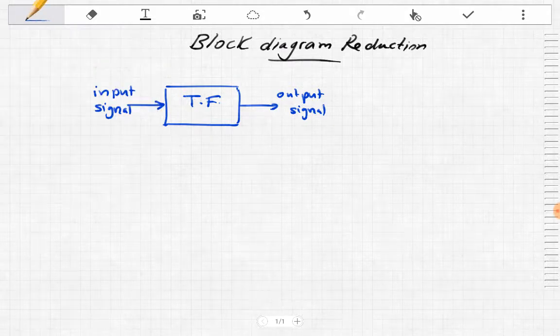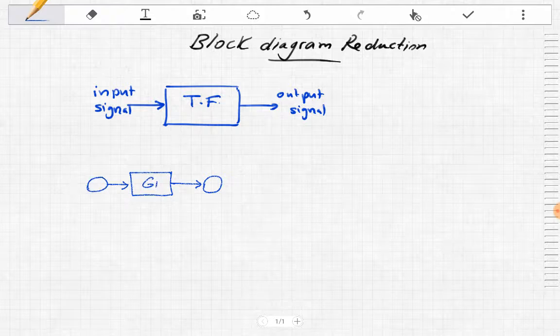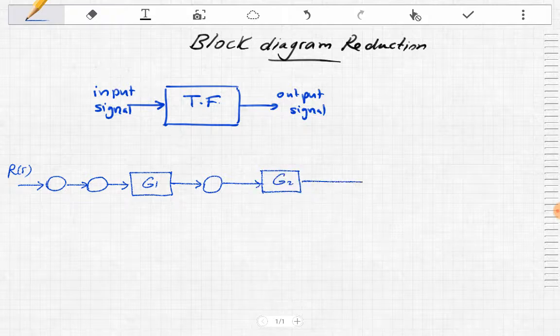You may find some kind of block diagram that looks like this. You have a summing point, and then you have a block, let's call it G1. You have another summing point, and this is the input to the system, and you have another transfer function G2, and this is your output C(s).